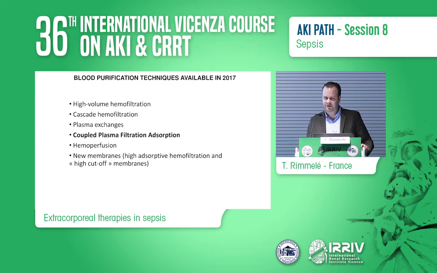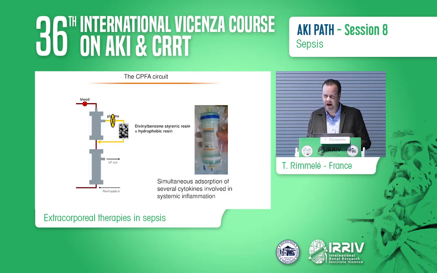Coupled plasma filtration adsorption is an Italian technique, so we have to talk about it here. It's a hybrid technique, which is interesting. The blood goes first into a plasma filter, and then the plasma goes through a resin, which is able to absorb a lot of cytokines.